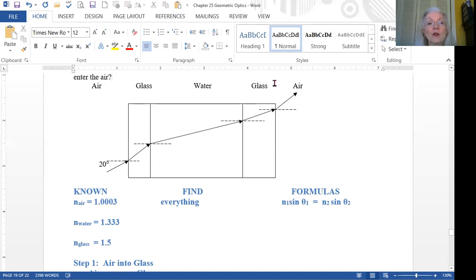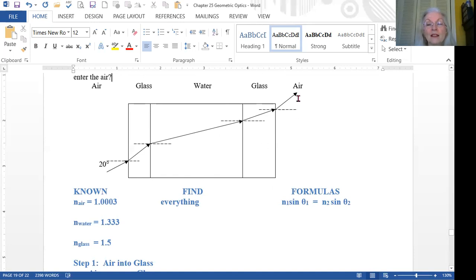And again, it only works because we have air and air, glass and glass, water in the middle, and all the materials are separated from each other by these nice parallel lines. If any one of these lines had been at some sort of a diagonal angle, we would not have gotten the same answer.